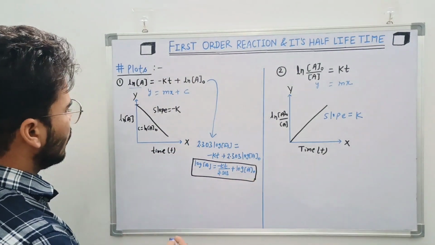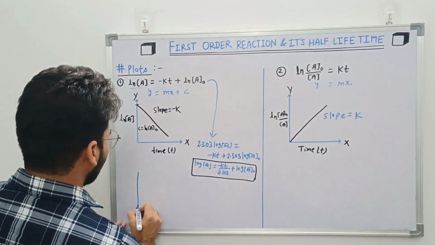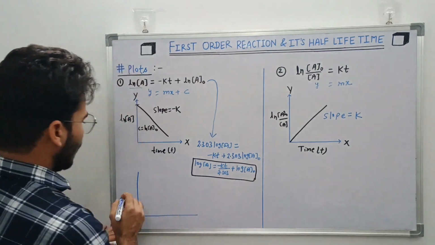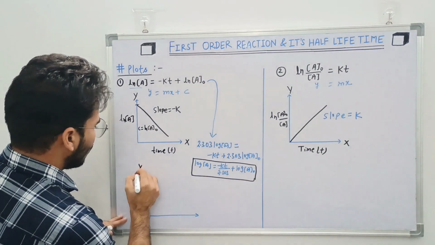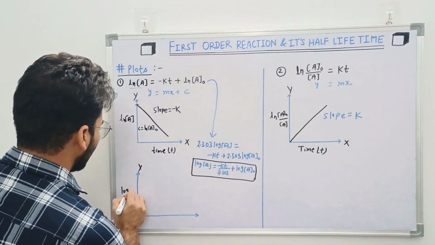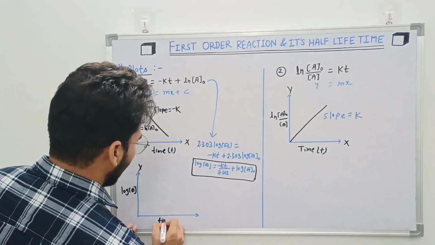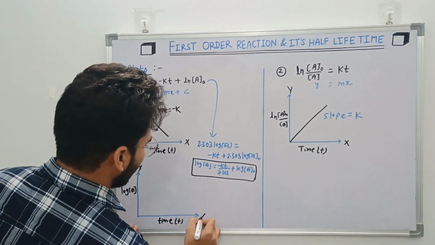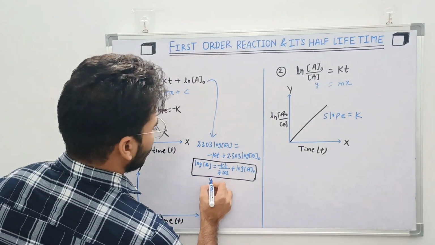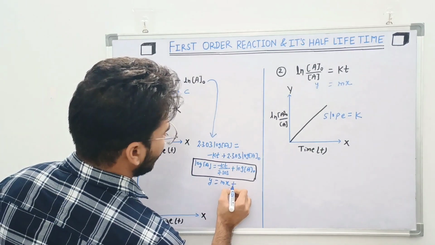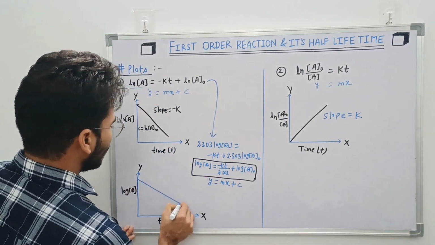Now we want to plot a graph between log a and time t. So our y axis is log a and time t is the x axis. When we compare this equation with the straight line equation, that is y equal to mx plus c, we get a graph like this.